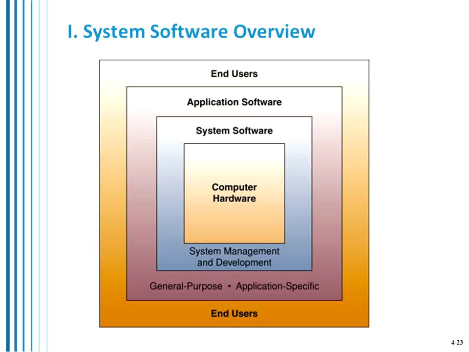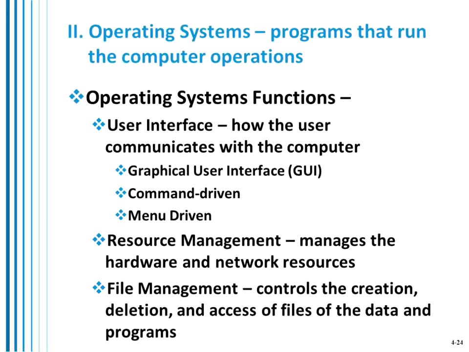So if there is no system software, we users and our applications cannot communicate with hardware, both for input as well as for output. That is why we always need system software. Now in system software, the most important kind of system software are operating systems.